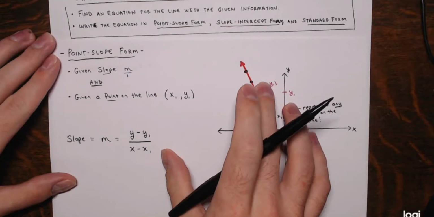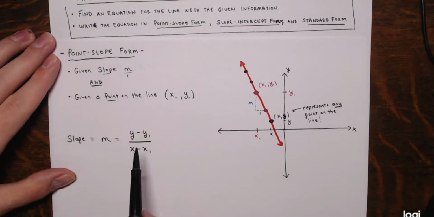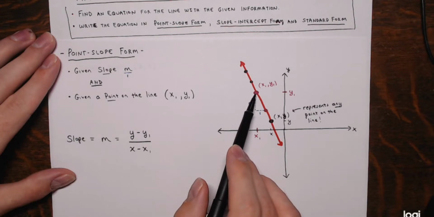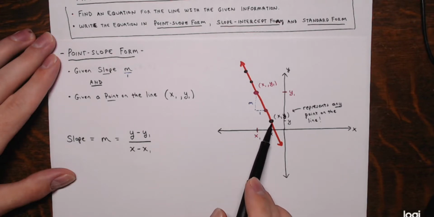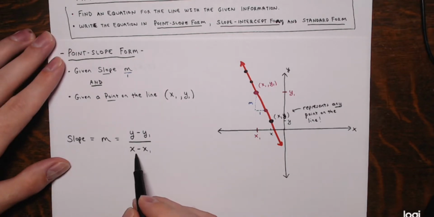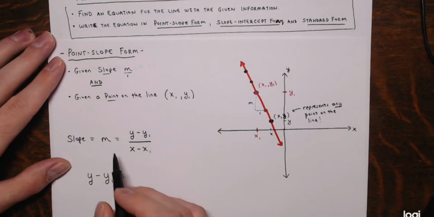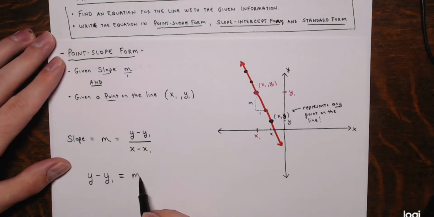Alright, and then we're almost there. To have an equation in what's called point slope form, you just take the slope formula here, the slope between a point that you know and any other unknown point on the line, and just multiply both sides by the denominator here. Multiply both sides by the quantity x minus x1. So we'd have y minus y1 on one side equals the slope times the quantity x minus x1.